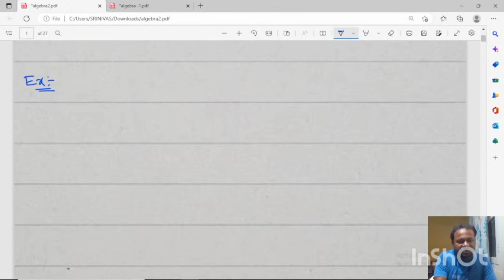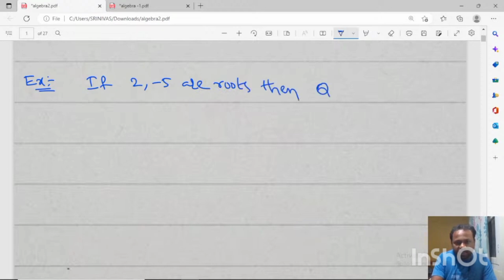One example I will take. If 2 comma minus 5 are roots, then what will be the quadratic equation? If 2 comma minus 5 are roots of the quadratic equation, then what will be the quadratic equation?